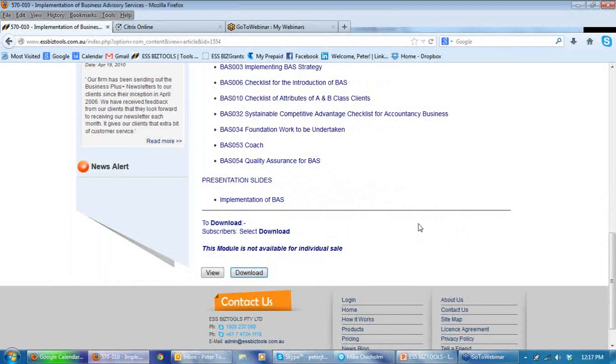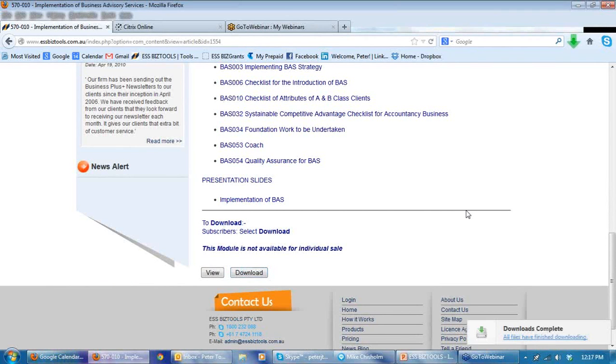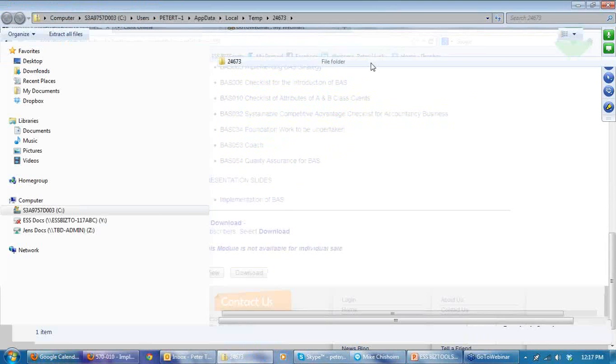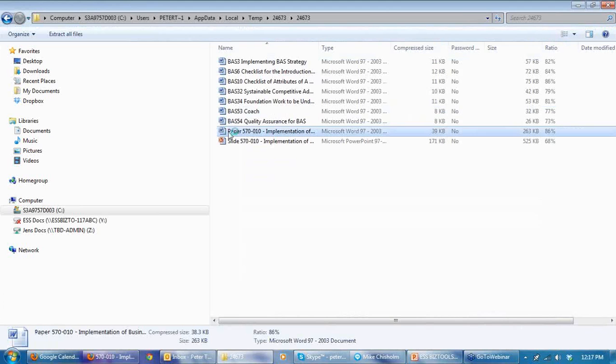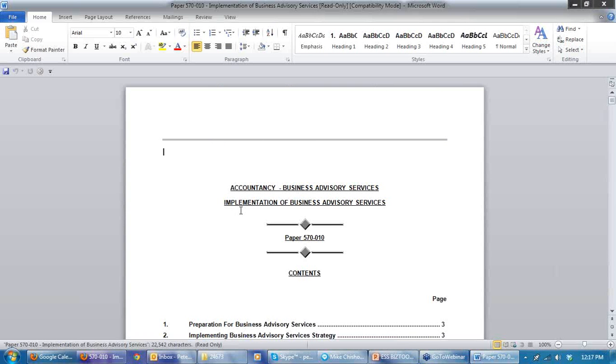So what we're going to get here is the paper, which is an instruction paper for the accounting firm to utilize to go through and review what has to be done.